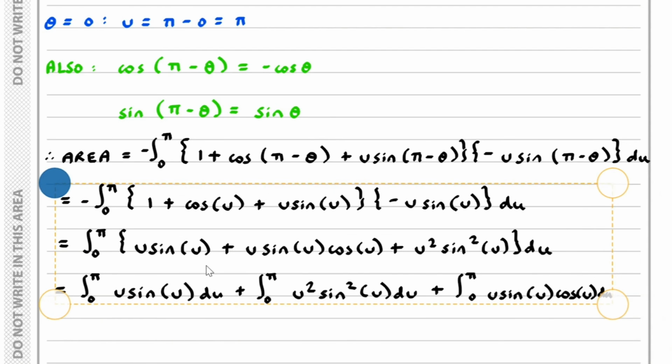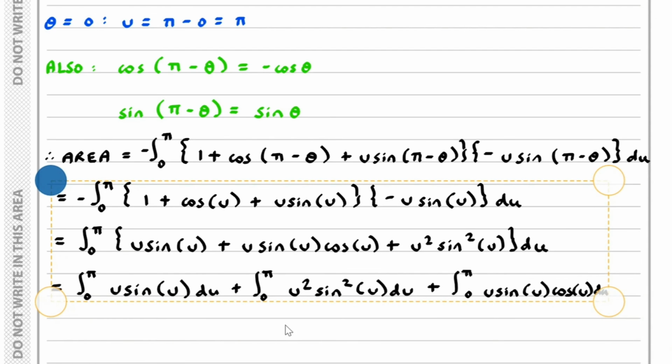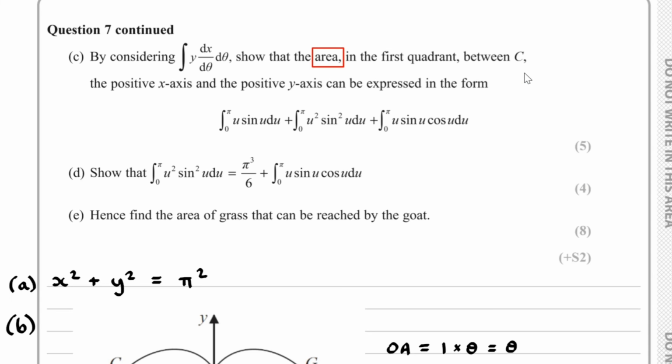So let's just move all this over here. And that's exactly what I wanted to show. Now we have to show that the integral from 0 to pi of u squared sine squared u du is equal to pi cubed over 6 plus the integral from 0 to pi of u sine u cos u du.